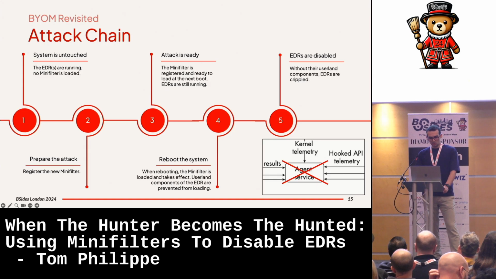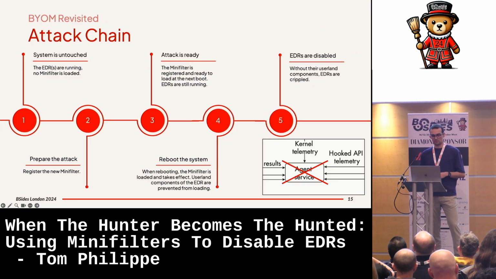So our full attack chain looks like this. At first, we have a new system. It's untouched. The EDR is running. We don't have any Minifilter. Everything looks good. Second step, we prepare the attack. We need to register our Minifilter, so we need to obviously develop it and register it. Once we have that, we reboot our system so that our Minifilter can load.